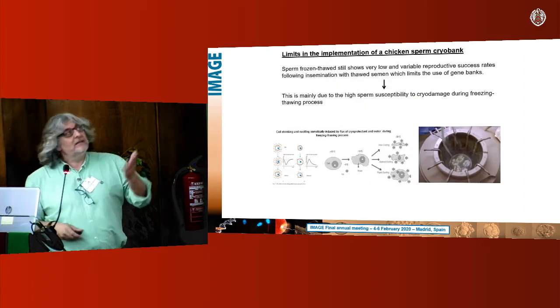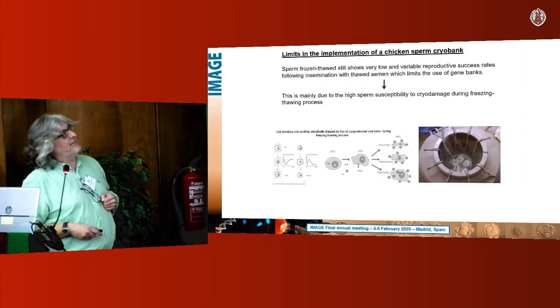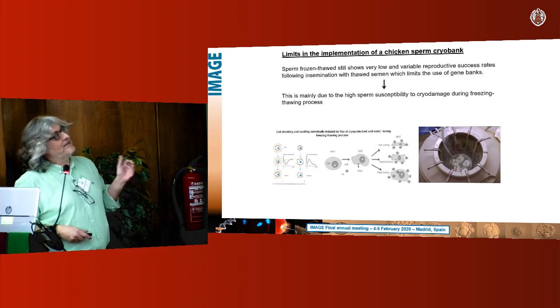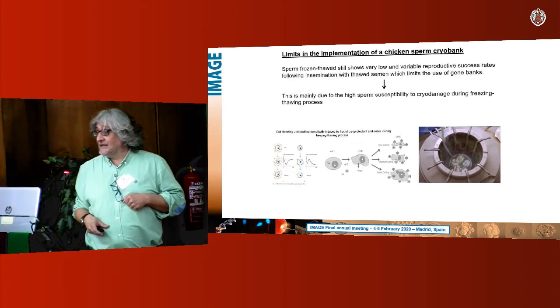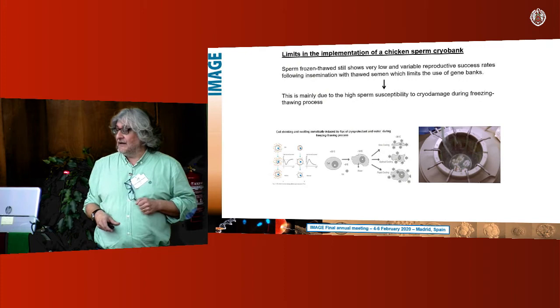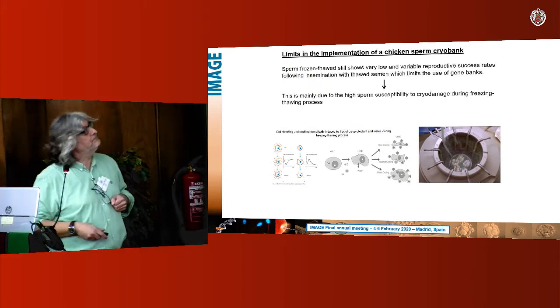What are the limits of the implementation of a chicken sperm cryobank? The first limit is the high variability in the fertility results after using frozen-thawed sperm.